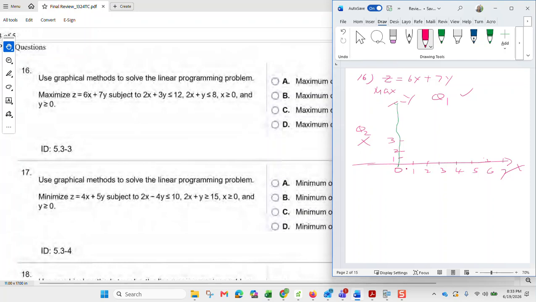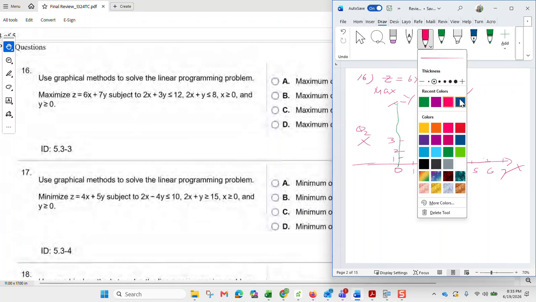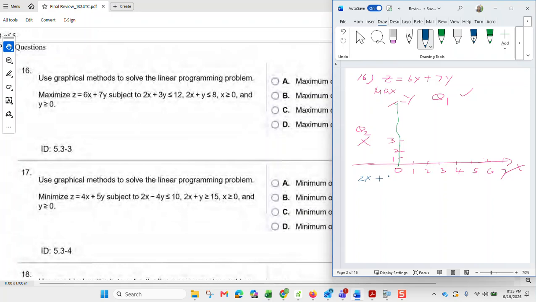All right. So the first one here is 2x plus 3y needs to be less than or equal to 12, right? So we need to graph 2x plus 3y equal to 12 first, okay? So same thing, put a number in here. When y is 0, this will be canceled out.